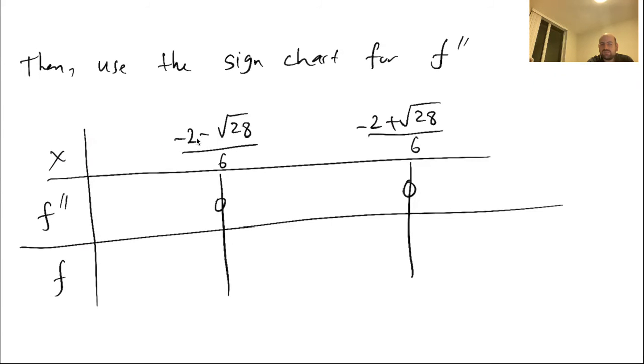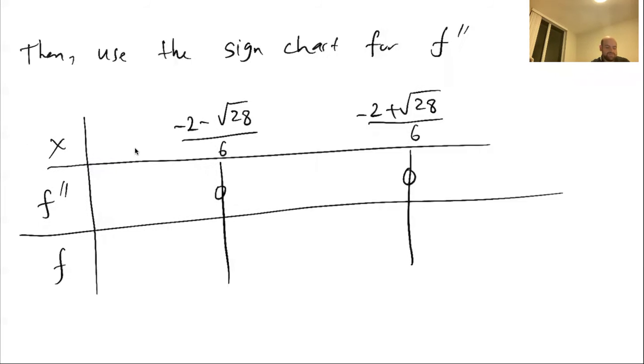Root 28 is 5 point something, right? Minus 2 minus 5 point something is minus 7 point something, divided by 6 is minus 1 point something. So just to be safe, let me use, for example, minus 3. Minus 3 for sure is less than this number, around minus 1 point something. So minus 3 lies in this region, and I can use it as the test point.